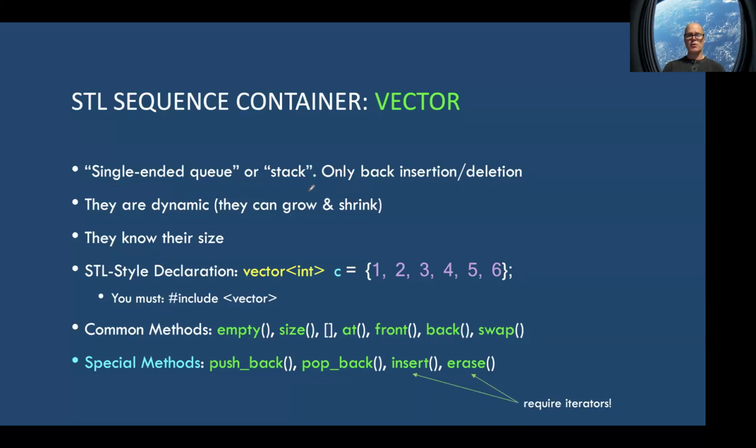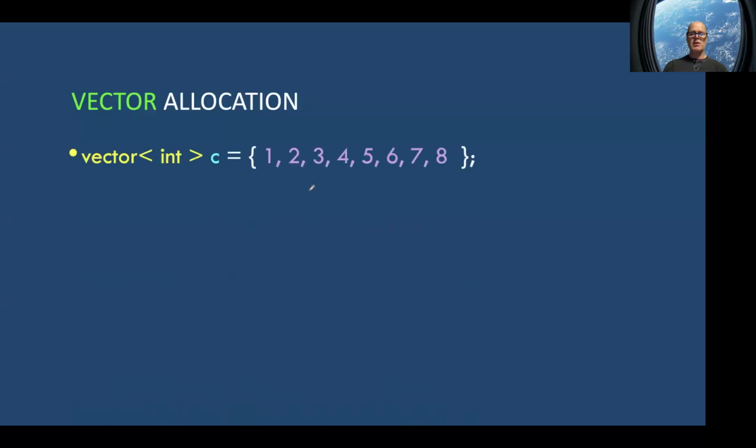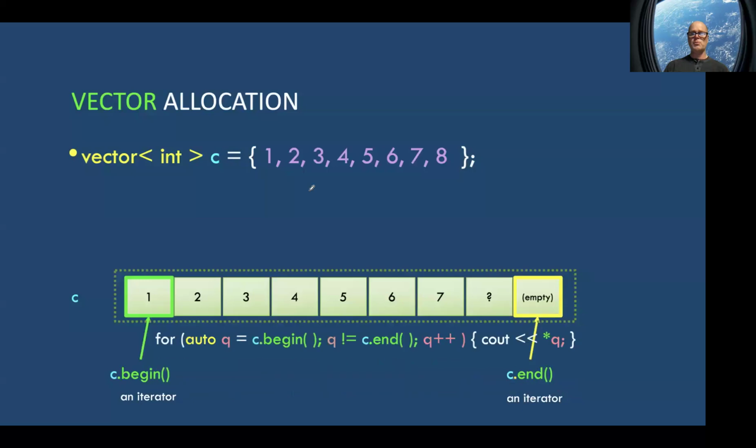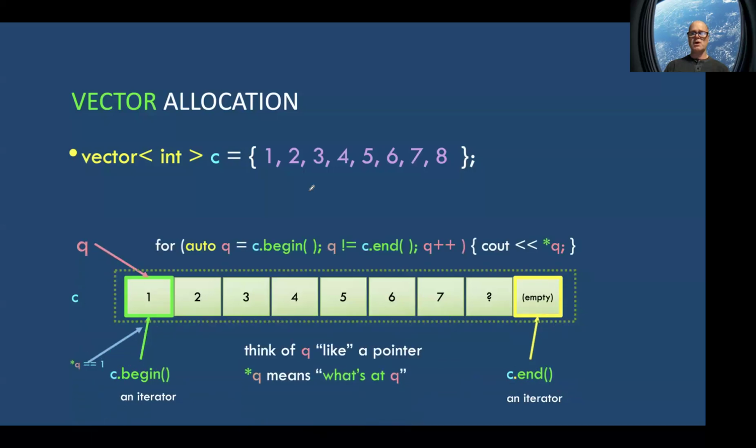A couple other cool things, but that's really primarily what we do. And we know how to make them, and the code for looping through them is identical to our array. It's a common approach. We can use square brackets, but we could also use this iterator kind of thing that we're going to use in our lab today. Okay, we'll dig in on that a little bit later.